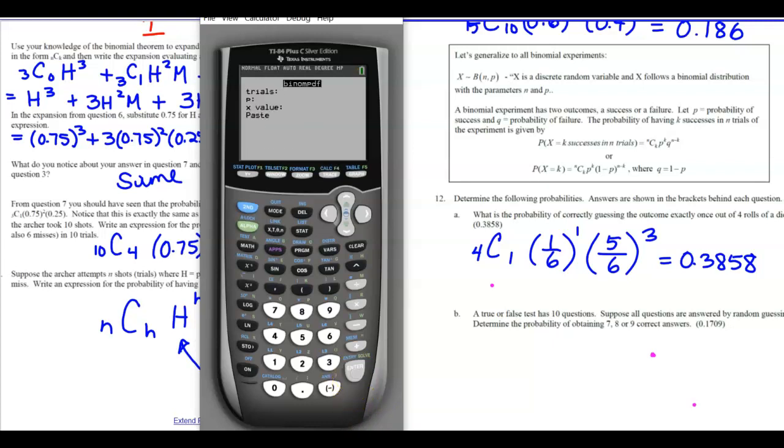Most of you will have this where it prompts you. A couple of you have older calculators where it doesn't prompt you, so you have to open the brackets. Enter the number of trials, in this case 4.